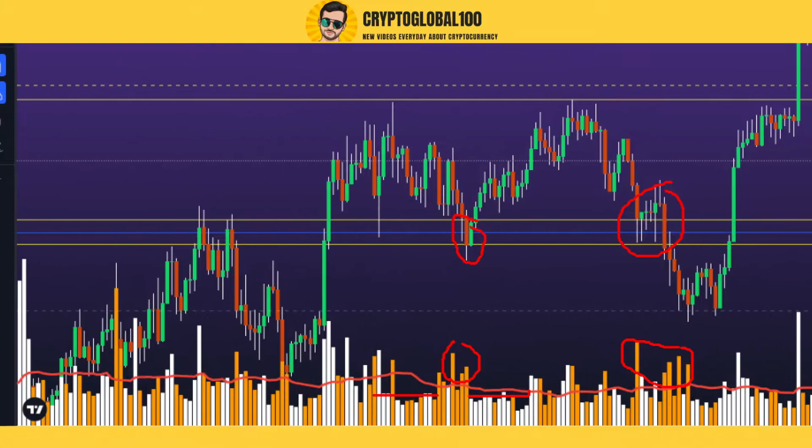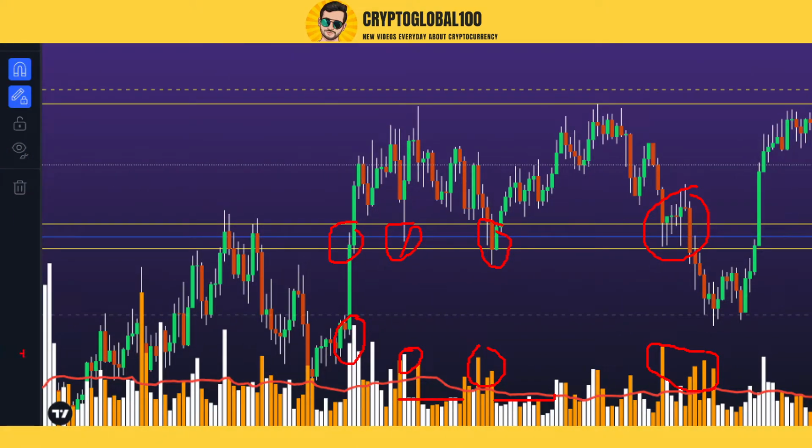Then if we go back again, you saw this wick down and we saw a spike in the volume. Again, whenever the price reached this area, this zone, the volume rose again. If I go back again, whenever the price reached here, we saw a spike.